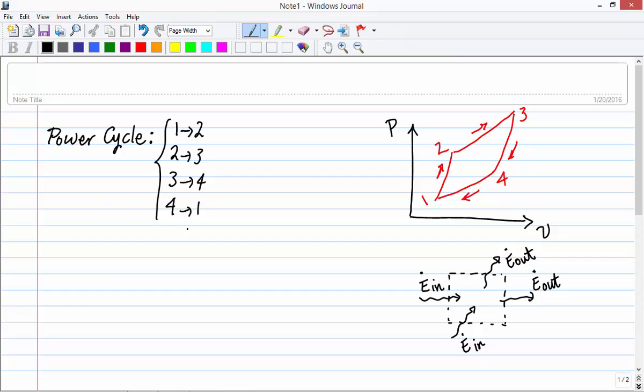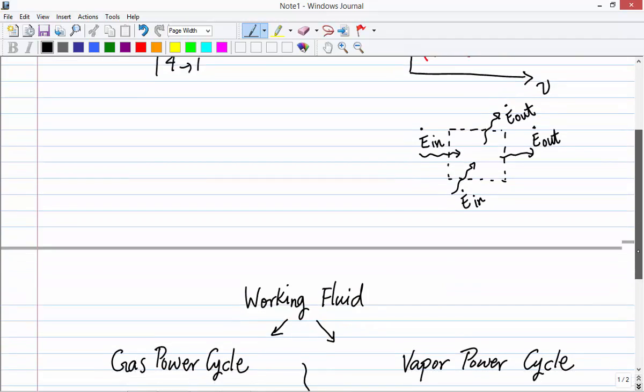Let's say we want process 1 to 2 to be isentropic, 2 to 3 to be constant pressure, 3 to 4 to be, I don't know, constant temperature. So all these specific processes might be isentropic, adiabatic, constant pressure, constant temperature, and so on.